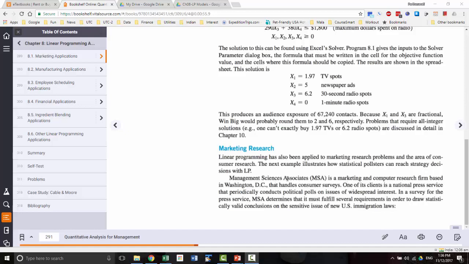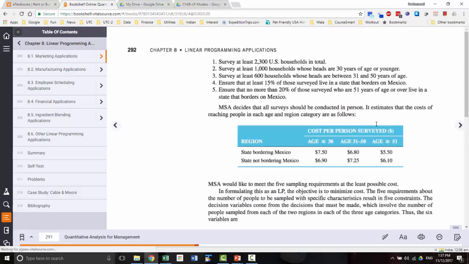Periodically they conduct political polls, right? So this is a poll for U.S. immigration laws. So here are the requirements set out by the company for which the market research company is doing the survey.